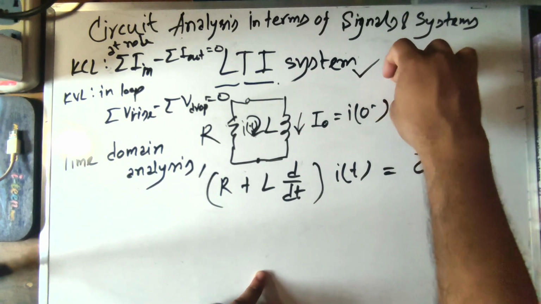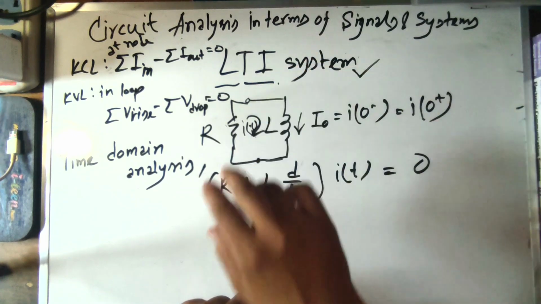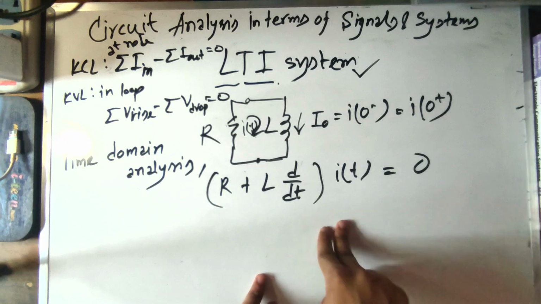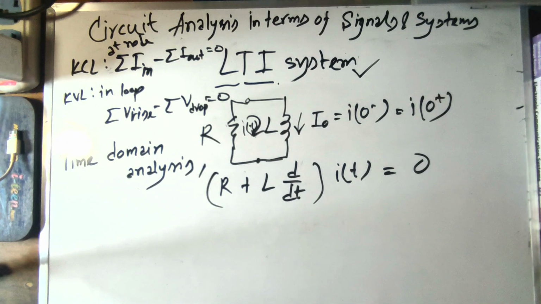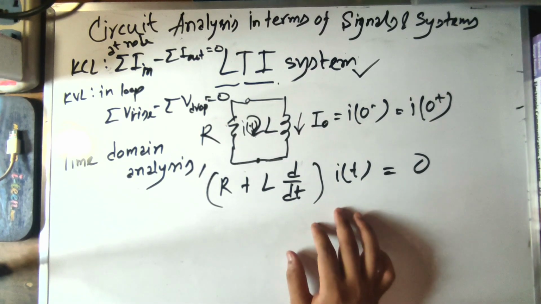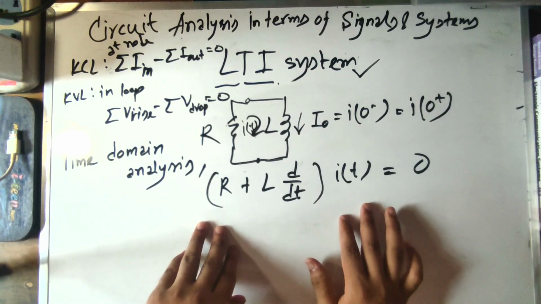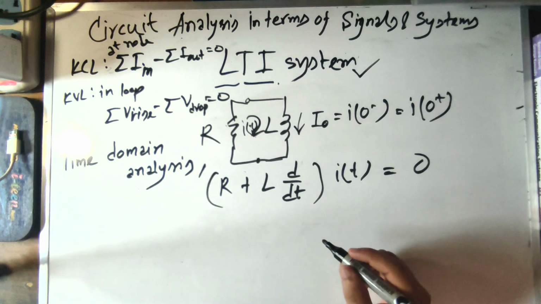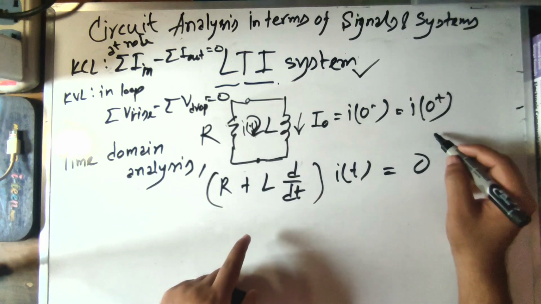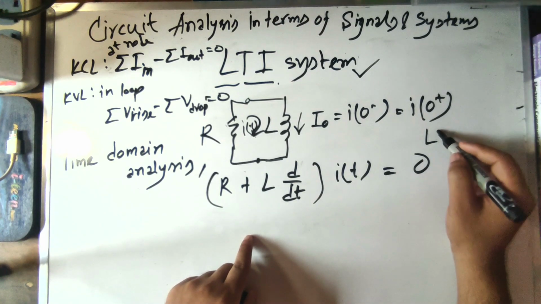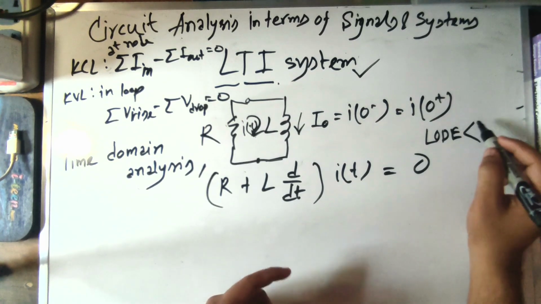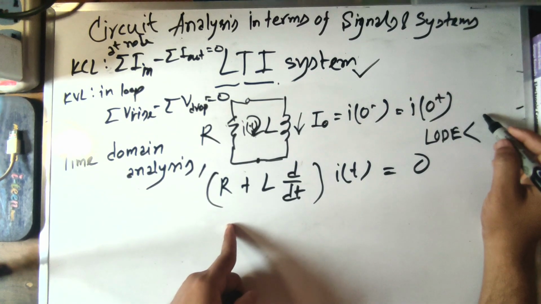That's why, because this RL circuit is an LTI system, it forms a linear differential equation with constant coefficients. For this equation, there are two parts: the complementary part and the particular integral part.